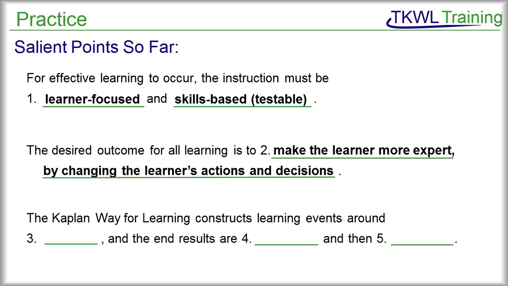And lastly, how do we structure those learning events? We show students how to become more expert and go on to measure the results and evaluate them so as to make the learning events even better.